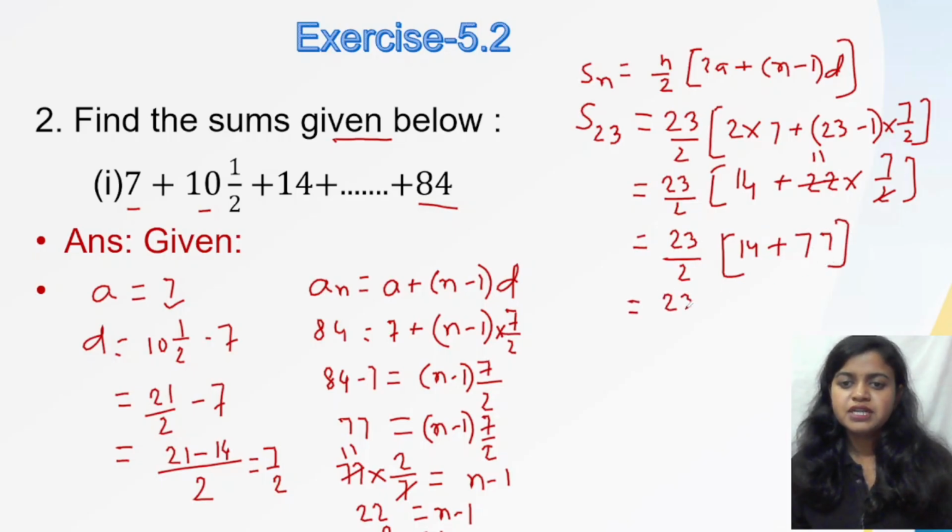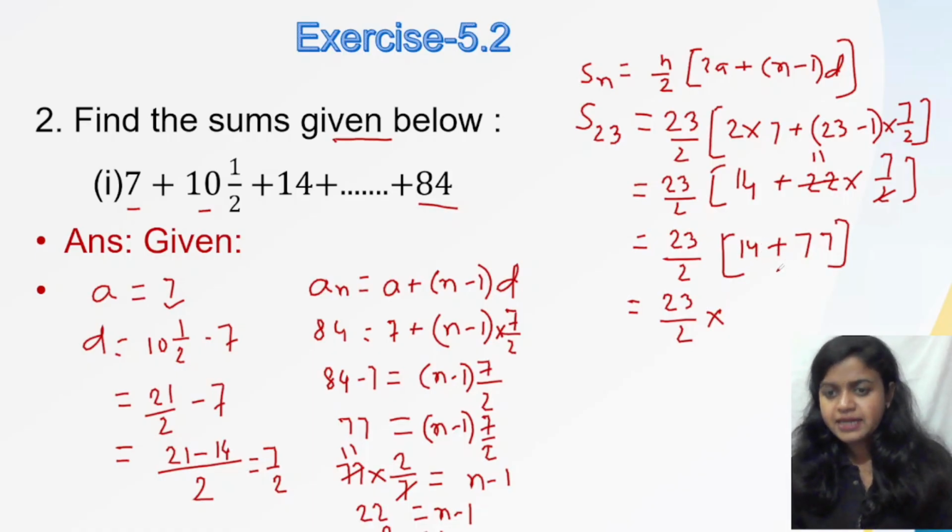This will be added up, so we get 91. So we'll find 23 into 91 divided by 2.